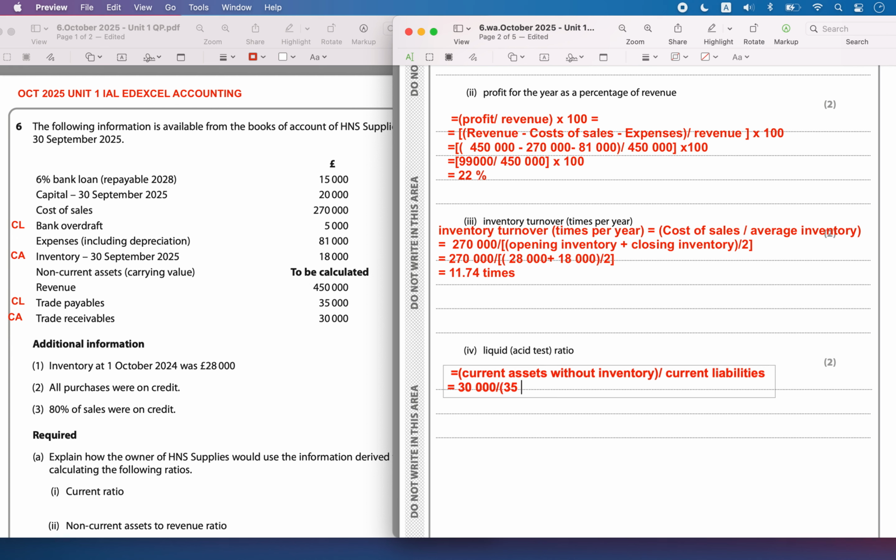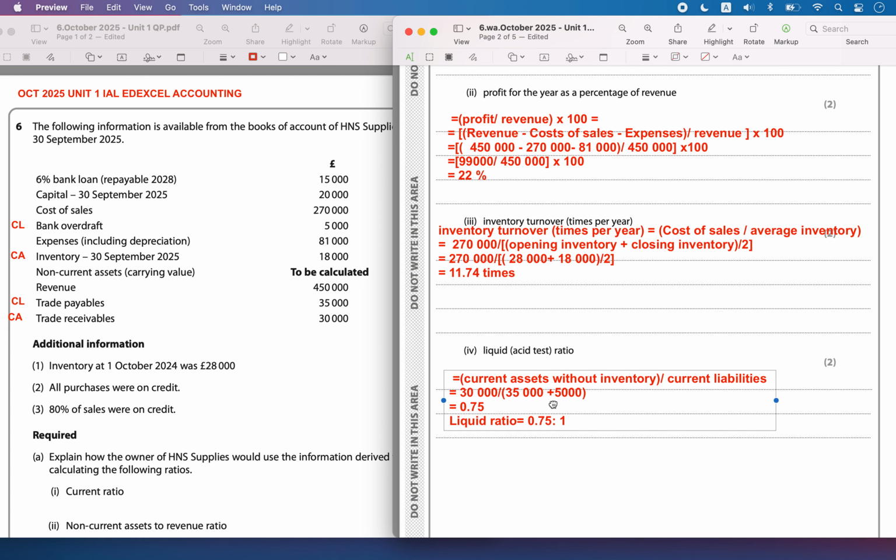These two we will include. So the trade payables of 35,000 plus the bank overdraft of 5,000. So that is equal to 0.75, but because it's a ratio, we write the liquid ratio as 0.75 to 1.